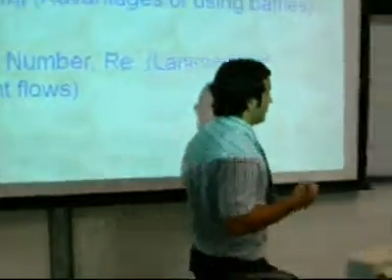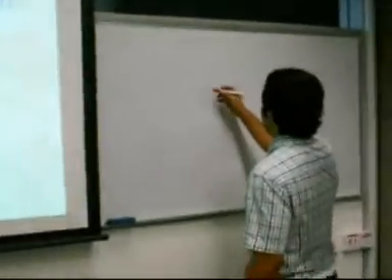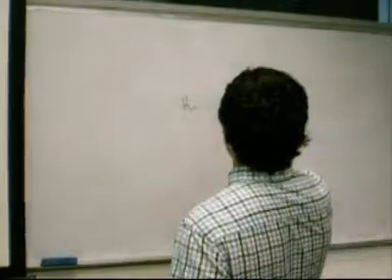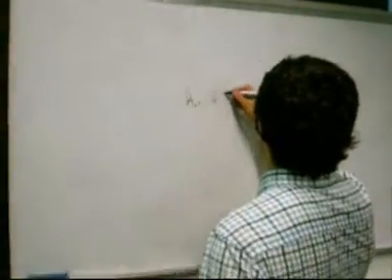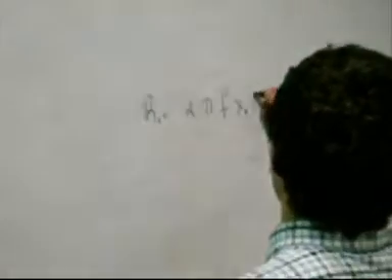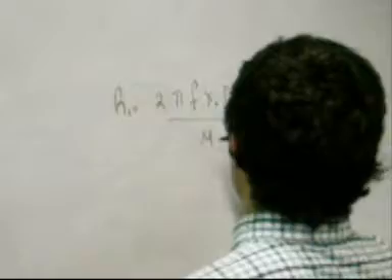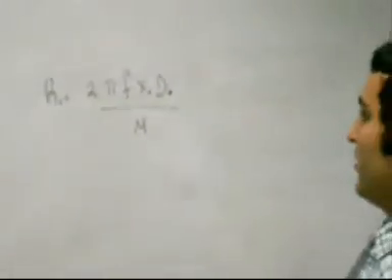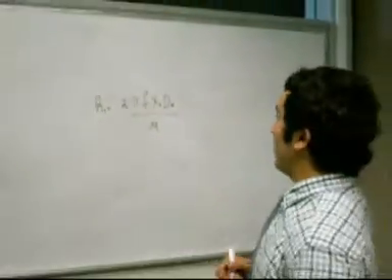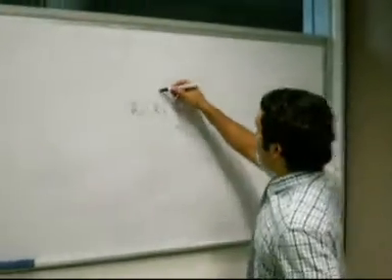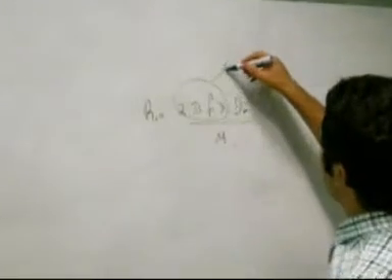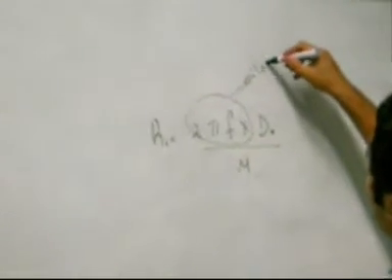I can write here: the Reynolds number is 2 pi x over viscosity, which was used in this experiment, where this is the oscillatory velocity.